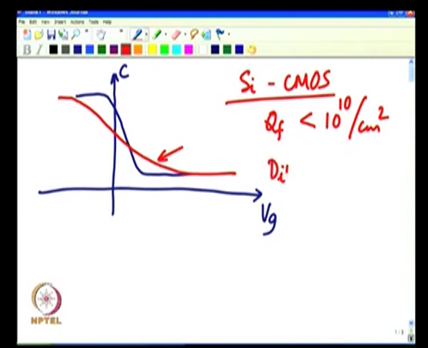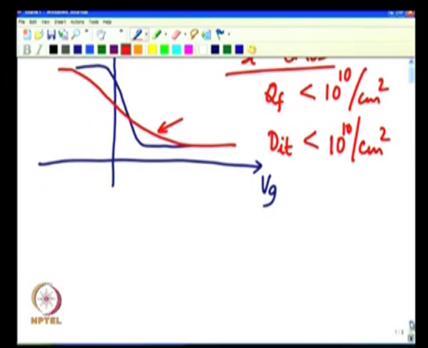Similarly, the interface trap density, Dit, could also be of the order of 10 power 10 per centimeter square. But in the early days of silicon technology, this used to be very high, in the range of 10 power 11, 10 power 12 per centimeter square. Those were very high numbers, but we have come up with various process techniques to overcome these issues.